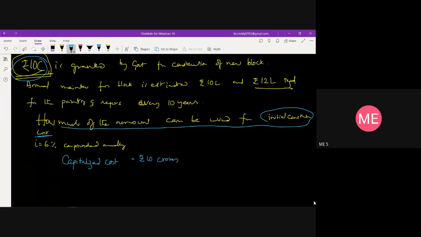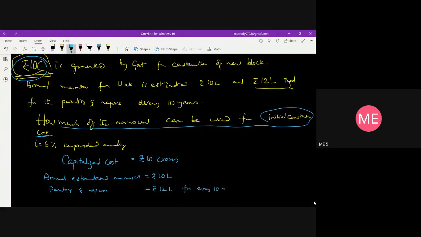He has given that the annual estimated maintenance cost for the block is rupees 10 lakhs. And in addition, for painting and small repairs, rupees 12 lakhs for every 10 years.